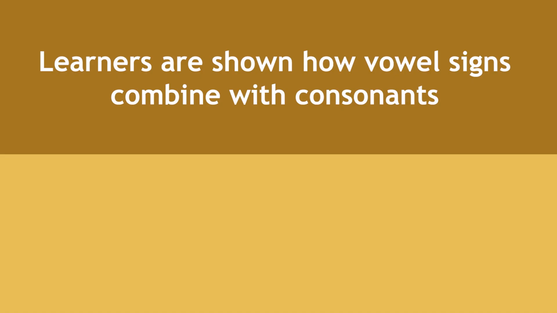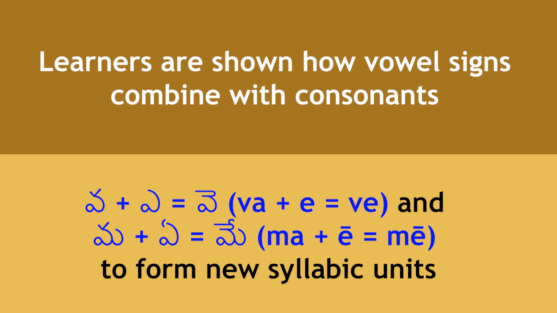Learners are shown how vowel signs combine with consonants. For example, Va plus A, way, and Ma plus A, may, to form new syllabic units.